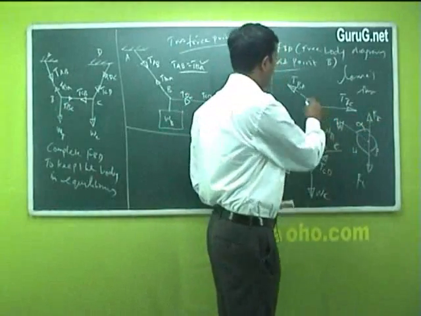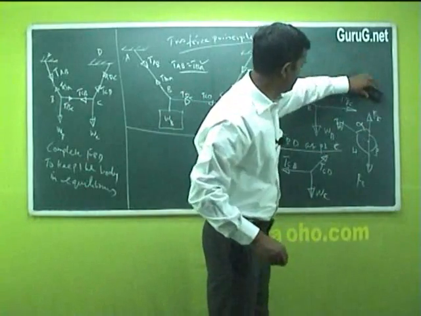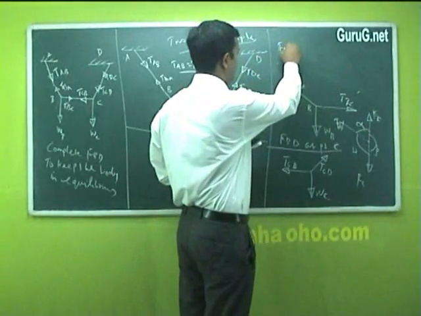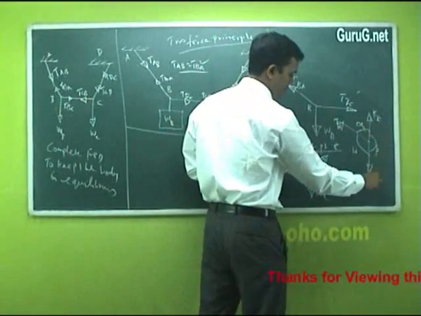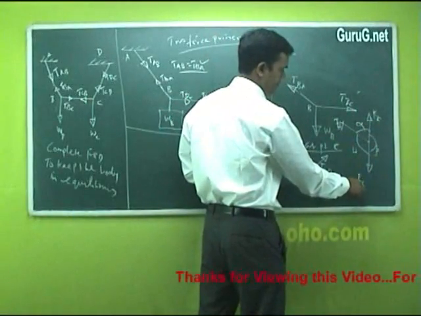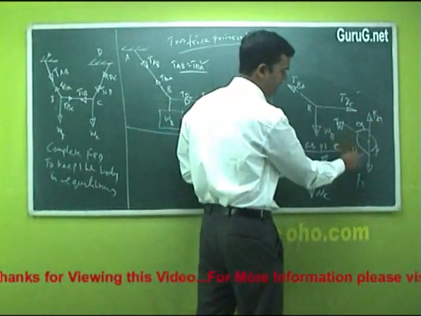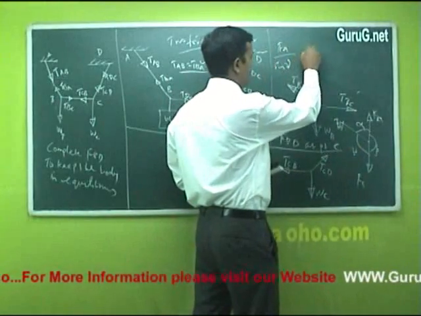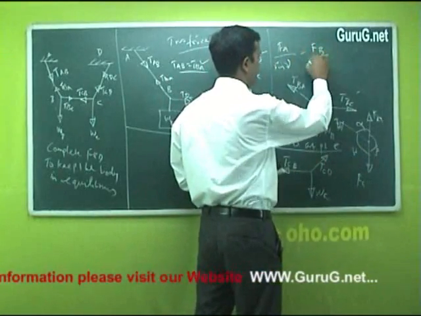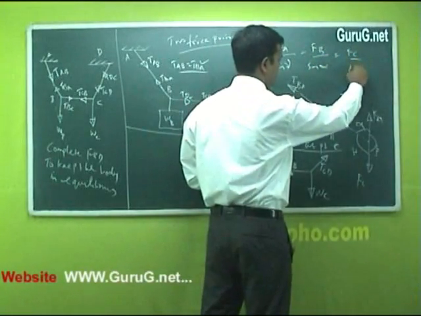If I want force A, it is FA by sine of the angle between B and C, say alpha, beta, gamma. FA by sine gamma is equal to FB by sine alpha and FC by sine beta.